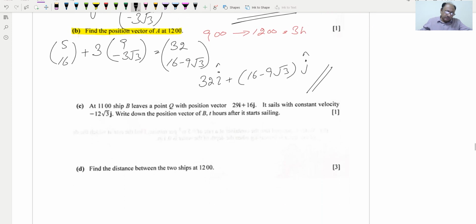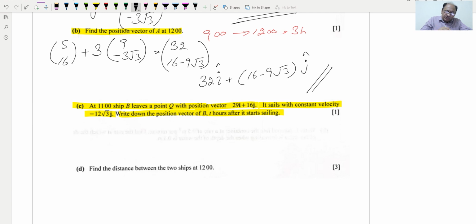It's a 1 mark part. Now the C part says at 11, ship B leaves point Q with this position vector, and it sails with a constant velocity of this one, right? On the position vector of B t hours after it starts sailing.